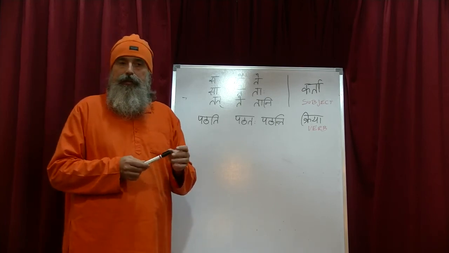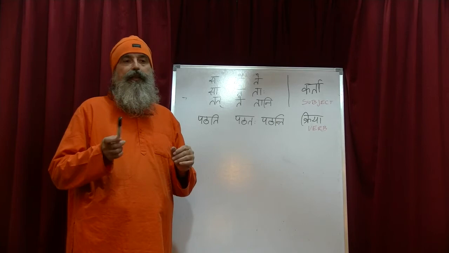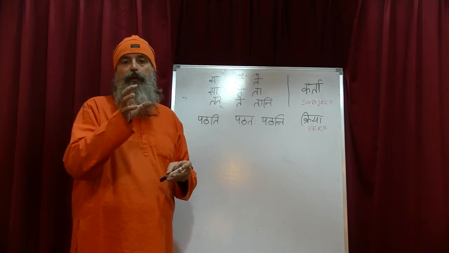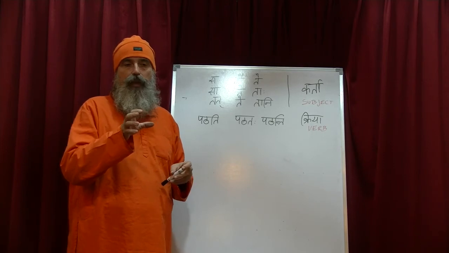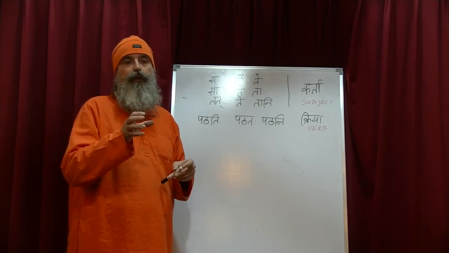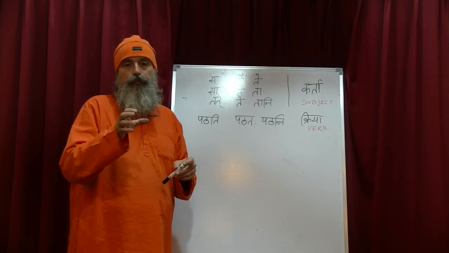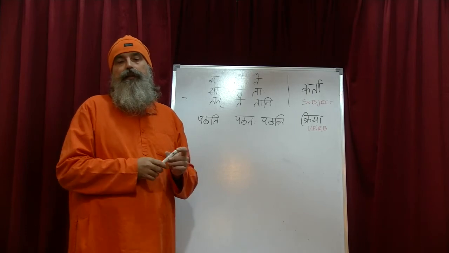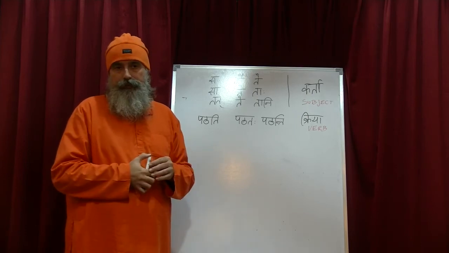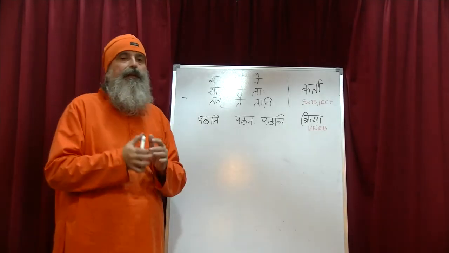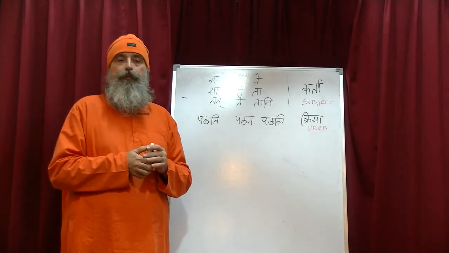In Sanskrit, the verbs are divided in 10 different boxes called ganas. Gana is a group. So we have bhu dhatu, as dhatu, and many other, and 8 more ganas. What is the advantage of grouping the verbs?